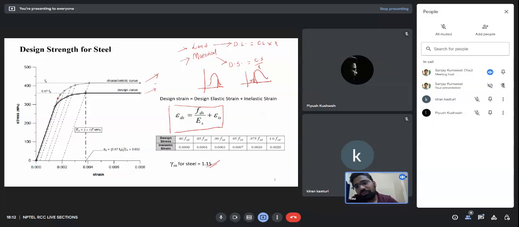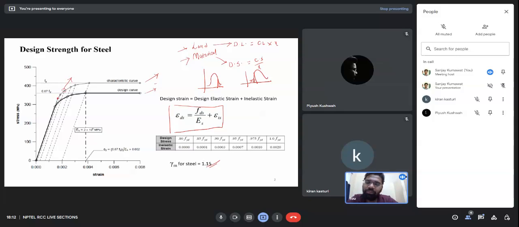So now you should be very confident about these two concepts. When we load a bar, we first have an elastic region, then an inelastic region, then the strength will be constant. Suppose I have loaded my bar up to this point. What two deformations will I have?